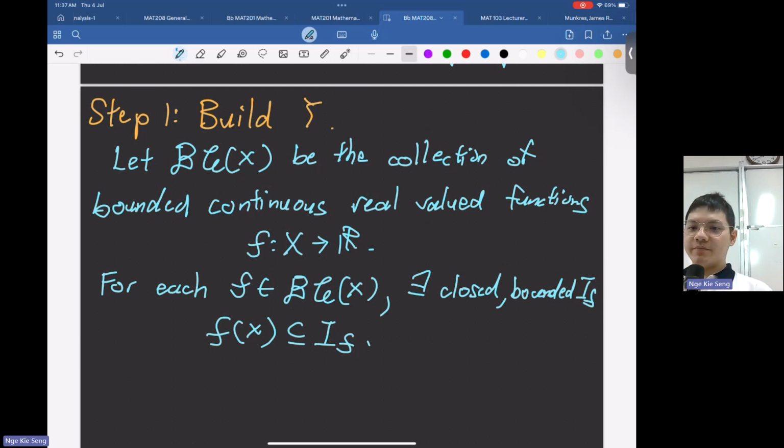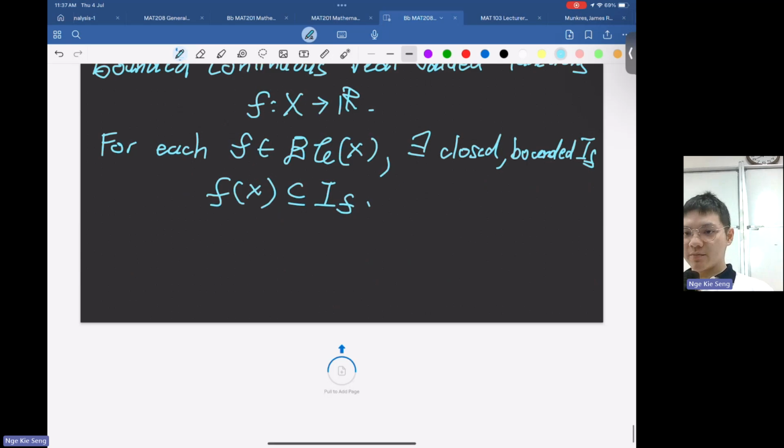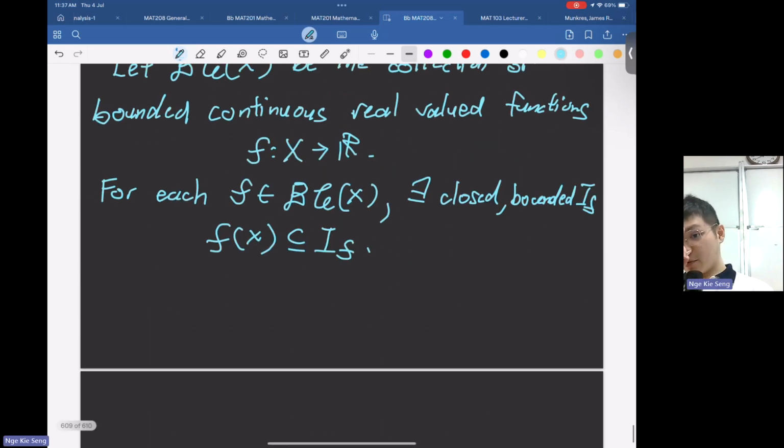So what can we do here? So here is the magic. So here is the magic point here. What we will do is we will consider all possible f. So I don't know how big the f is.